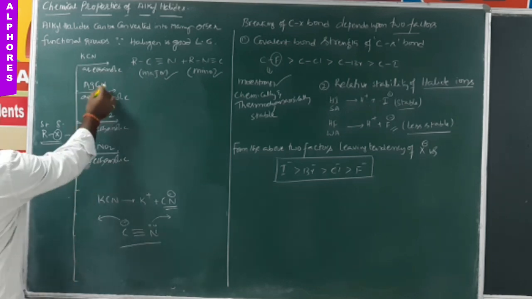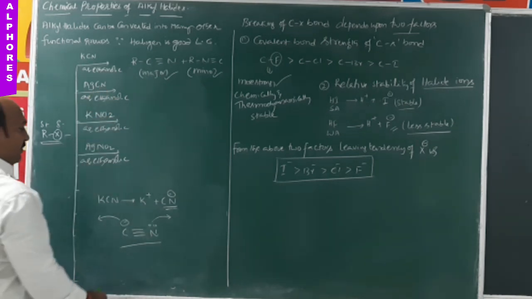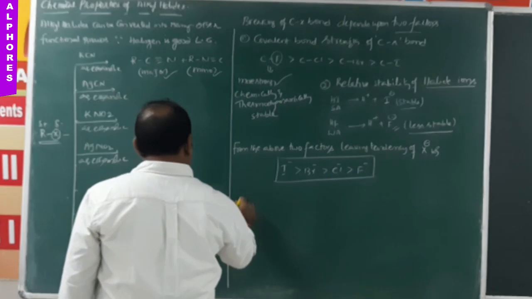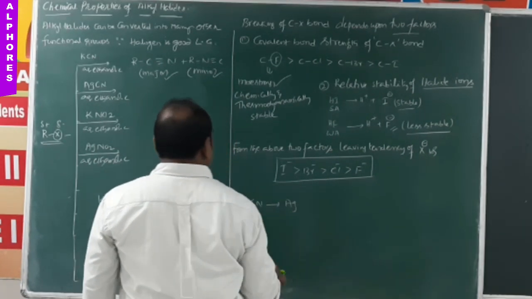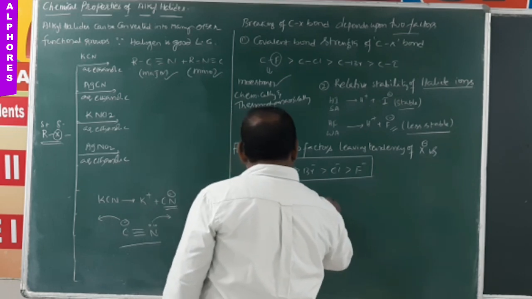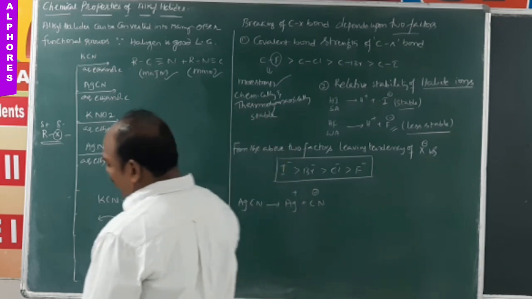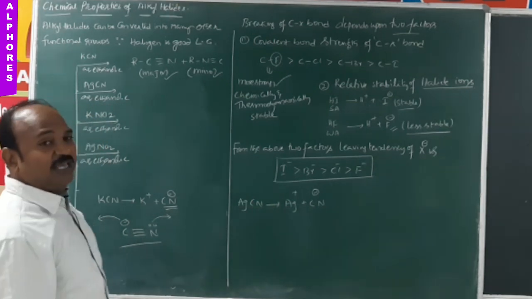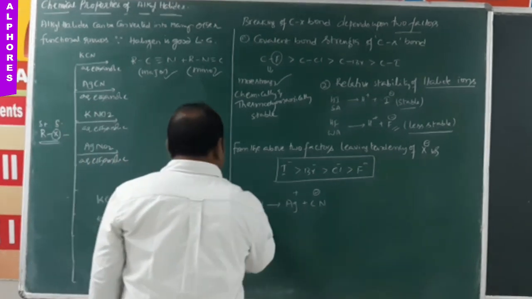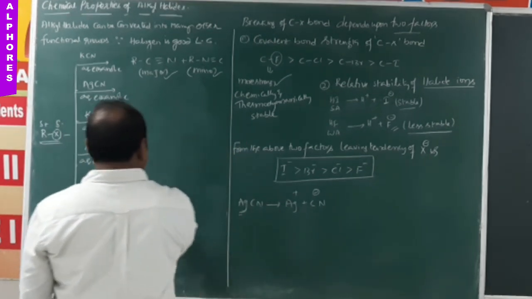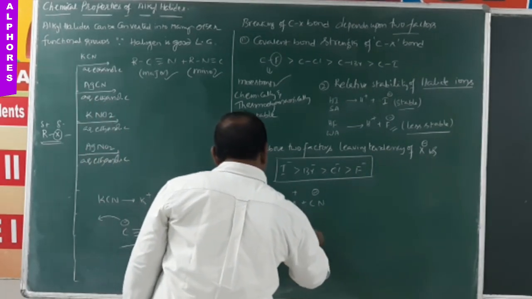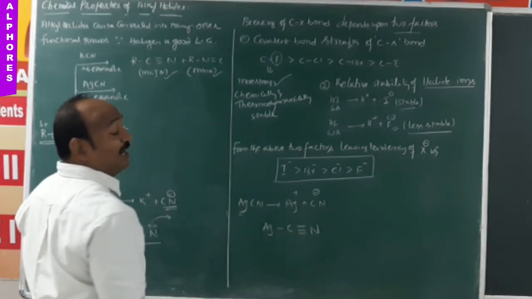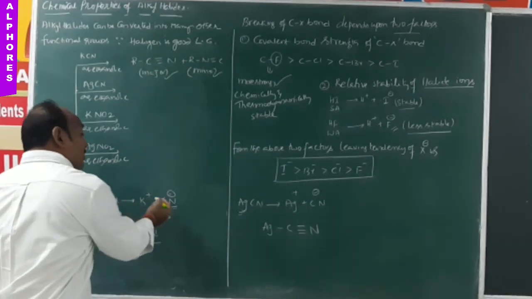Now let's come to AgCN. In case of AgCN, we do not expect that the Ag plus CN minus bond dissociates readily as Ag plus and CN minus. Because the metallic nature of Ag relatively compared to potassium or sodium is less, hence the silver carbon bond has a little more covalent character compared to the KC bond.